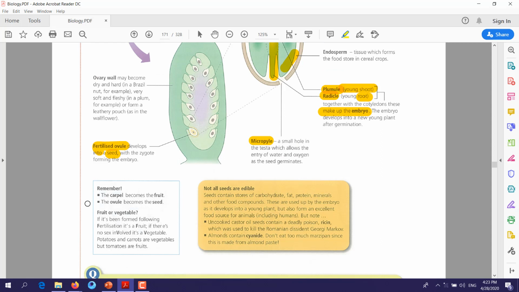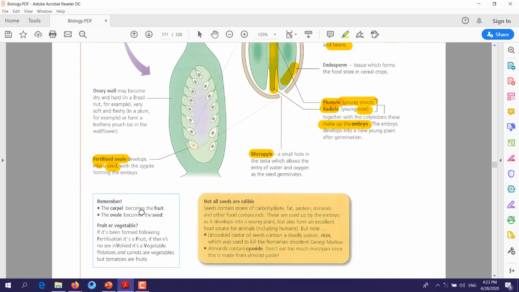Remember, the carpel becomes the fruit, or you can say the ovary becomes the fruit. It's the same thing. And the ovule becomes the seed. This is the main part of our lesson.